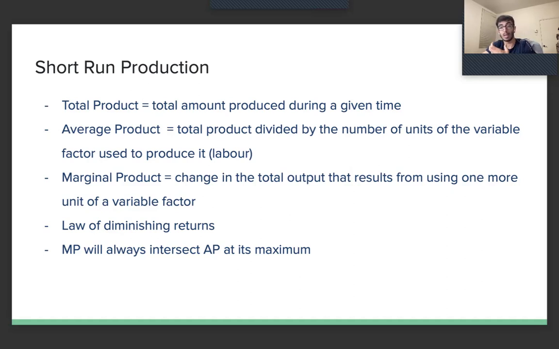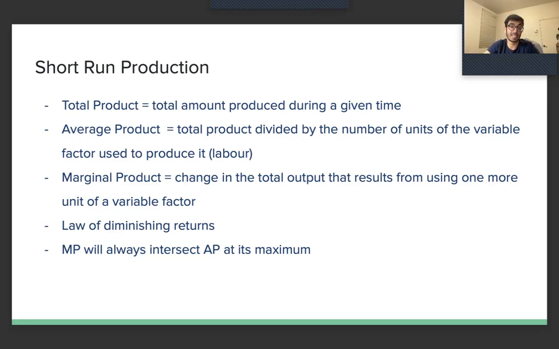What was that additional labor's contribution to the total product? That's marginal product. And the law of diminishing returns just says that at some point, as we add more and more variable factors, we'll initially have increasing returns, but after some point, we'll have diminishing returns. So each additional variable factor would contribute less and less to the total product. So that's the law of diminishing returns.